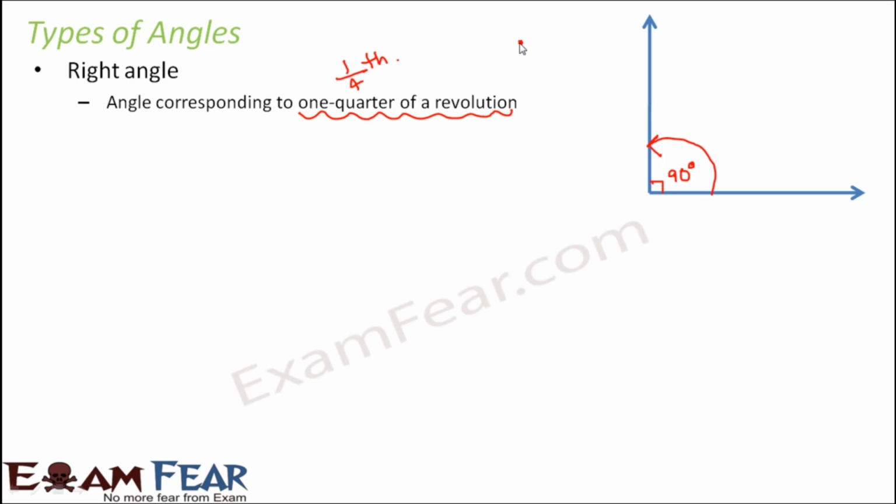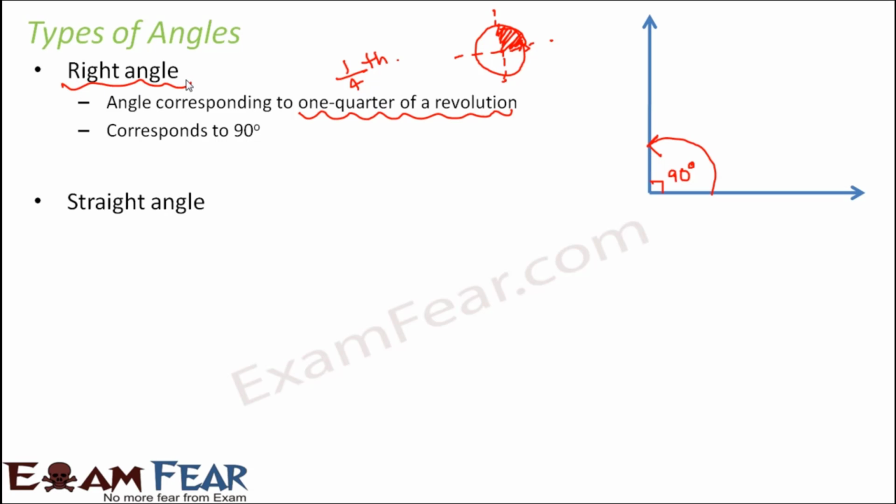Let's say you started rotation from here and you completed one revolution here. Right? So 1/4 of this would be only this part. So you see, only 1/4 of a revolution. That is a right angle. So it corresponds to 90 degrees. This is the name that is given to this particular value of the angle.